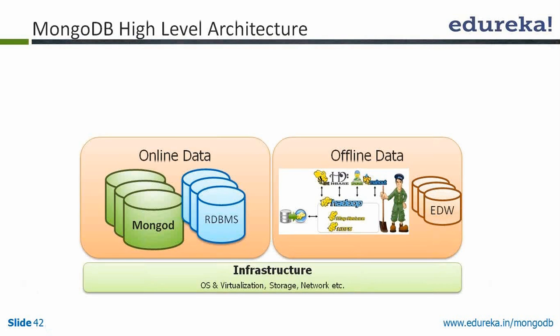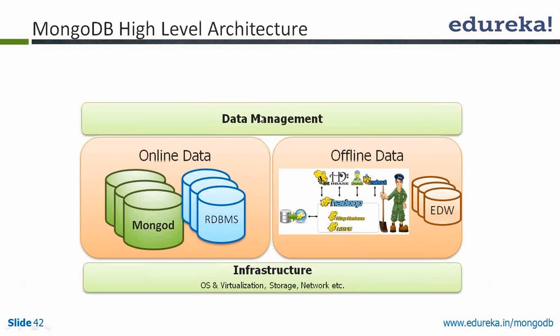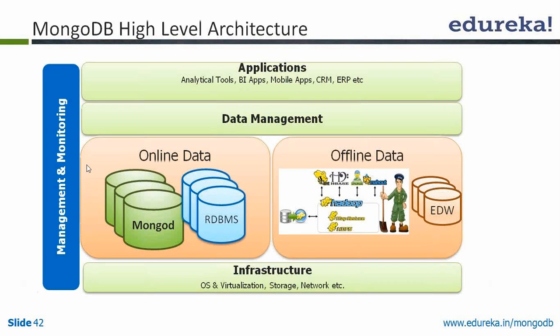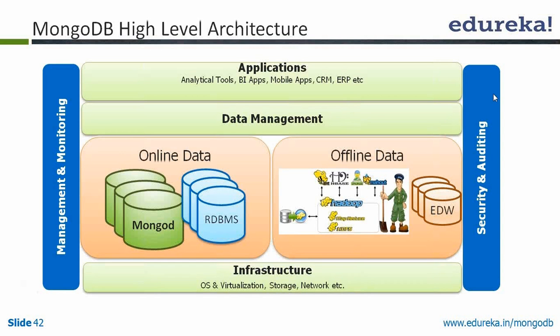Then you may have some data management tool, and on top of that you may have some applications like analytical tools, BI, probably QlikView, Tableau, or some other BI tools which may get connected with the systems. And then you can have management and monitoring tools to monitor your infrastructure. And then you may have some security and auditing tools. So that's how it looks, guys. You just need to concentrate here.